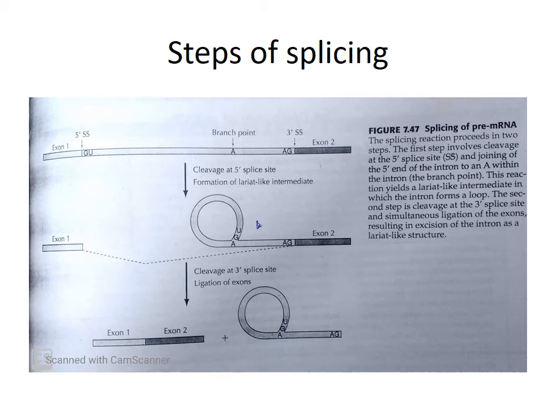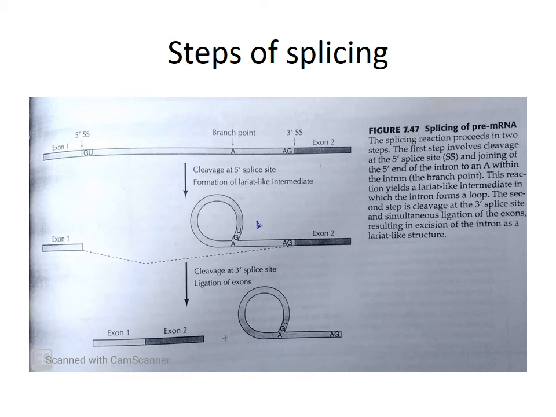If we look carefully at this diagrammatic representation, first the cleavage will occur at the 5' splice site, and this end of the intron is going to bind near exon 2.